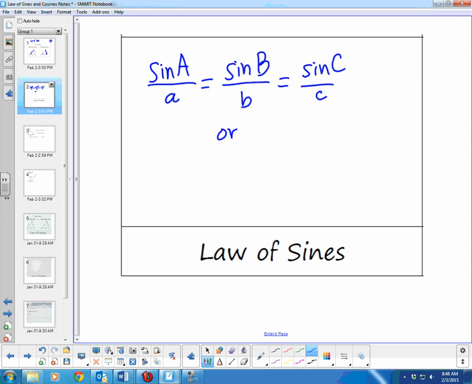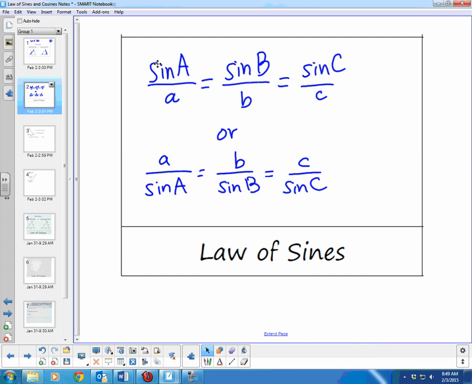Or you can do the opposite of that. You can just flip it, so you could do the side lengths over the sine of the angle. Either one would work. Side B over sine B equals side C over sine C. Either all of the sides have to be in the numerators or all of the sides have to be in the denominators.